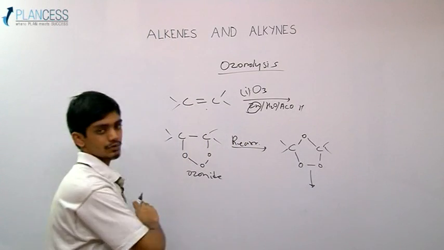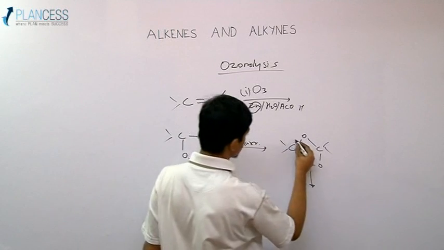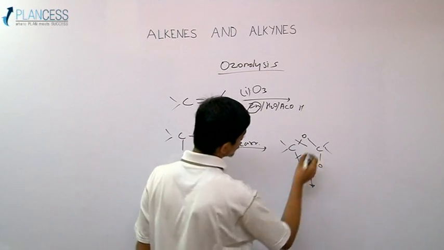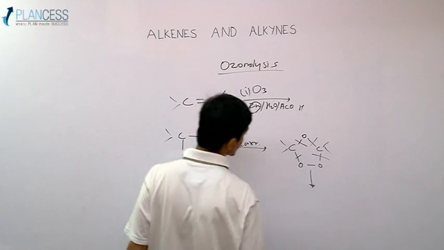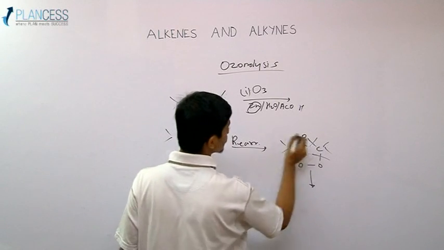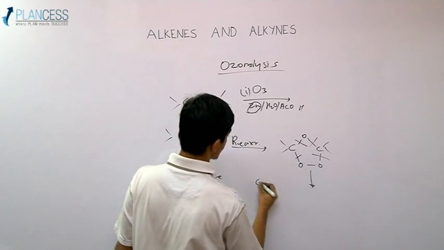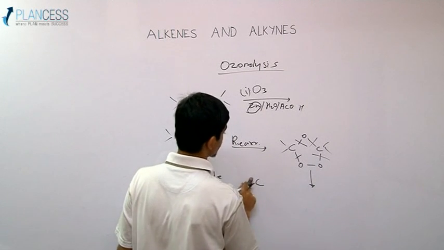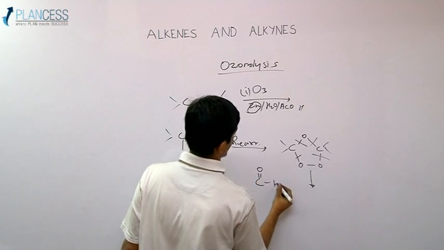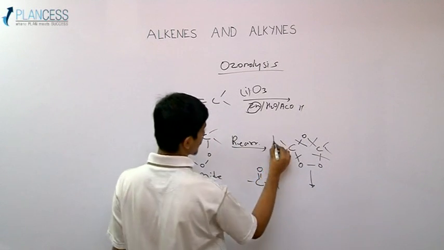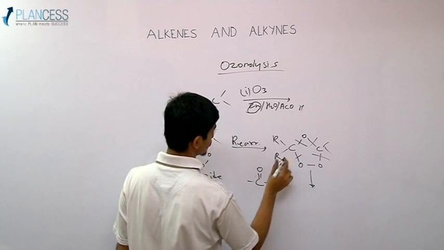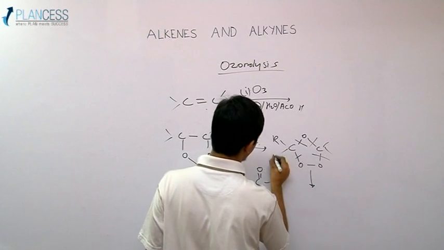You have complete oxidation of this structure, that is, this bond cleaves, this bond cleaves, this bond cleaves, this bond cleaves. That means with this and this you will get an aldehyde, because oxidation has to stop at a certain stage. Suppose R was present, R dash was present and hydrogen was present.